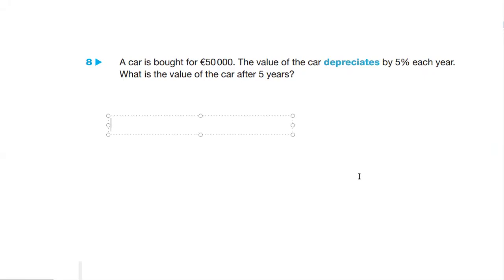First, let me write the formula of the compound interest here. It's the original multiplied by a bracket like this, and this bracket has a certain value inside of it. This will give you the new value, okay? Let me finish it first, and then new value. This formula is used to find the new value after compound interest. Basically, inside the brackets, you'll have 100, and then you have plus minus.